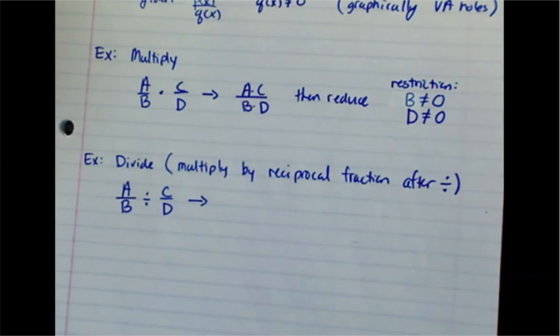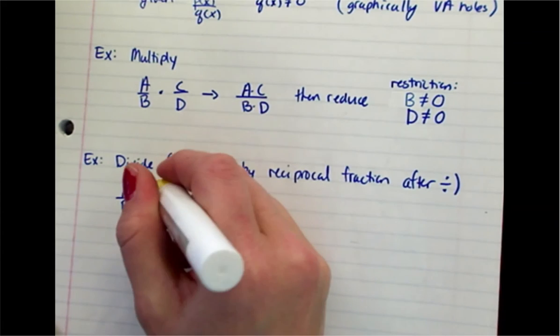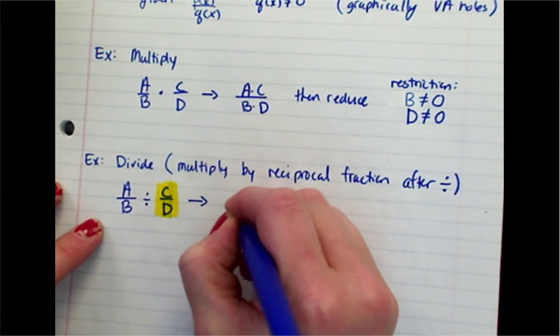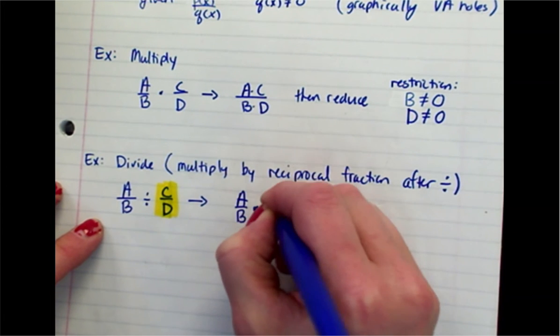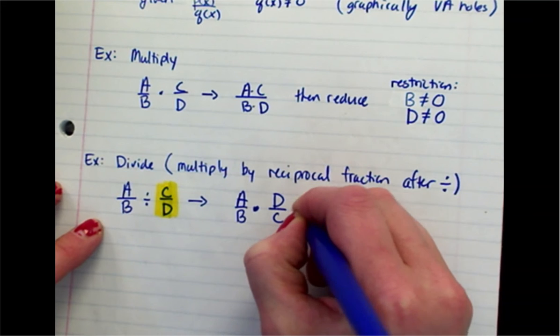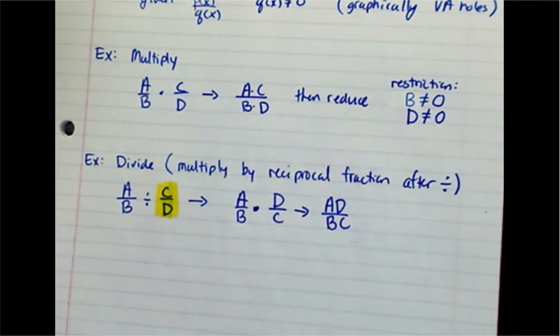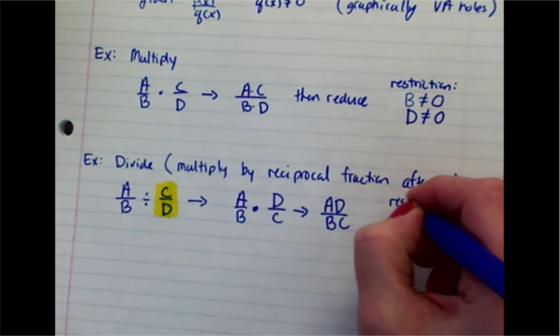Okay, so let's write down what we get. So right here, this turns into A over B times D over C, which turns into AD over BC. Because we already know how to reduce our fractions, common factors, and cross out. Okay, well, what about our restrictions? Denominators being 0 is what I'm looking for.